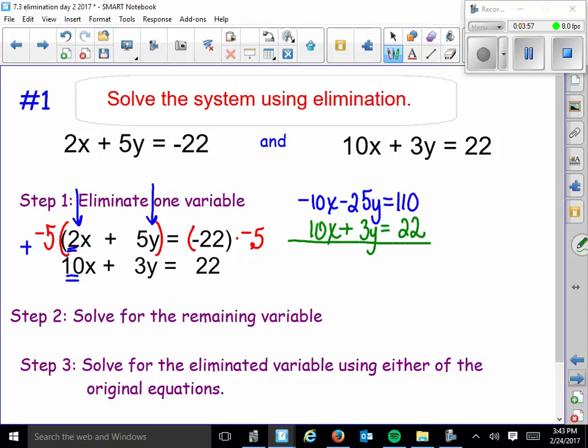All right, so when I combine my two equations together by adding them, the x's are eliminated. Hopefully they are, because that's what we set it up to do. The y terms add to a sum of -22y, and 110 plus 22 is 132.